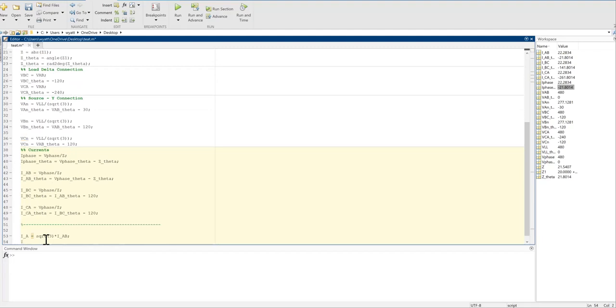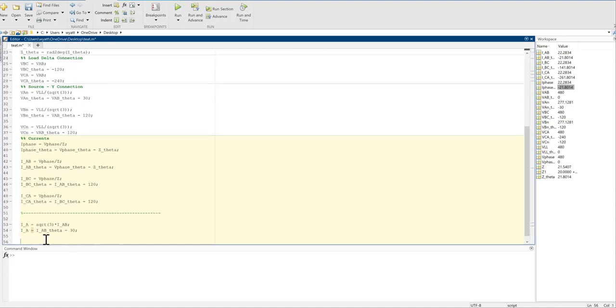Now for our current A, that's going to be equal to our I_AB theta minus 30 degrees. Now for I_B, our current B, it's going to be the same thing, but instead our square root is going to be the square root of 3 times I_BC.